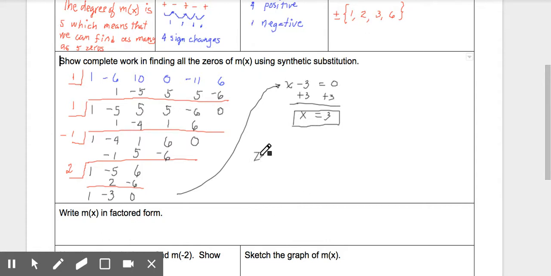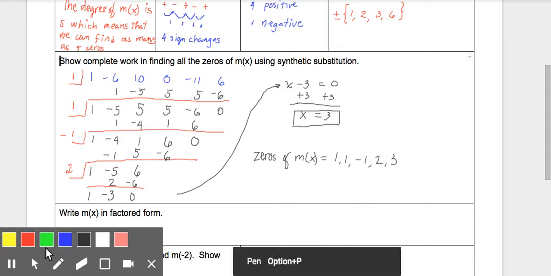So the zeros of the function are 1, 1, negative 1, 2, 3.